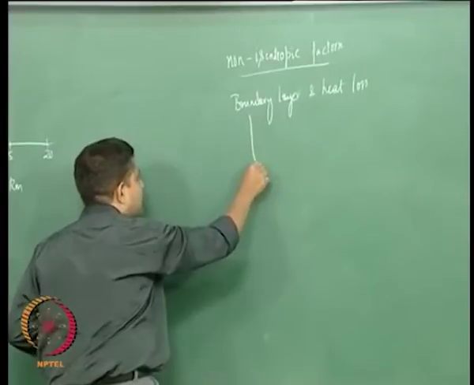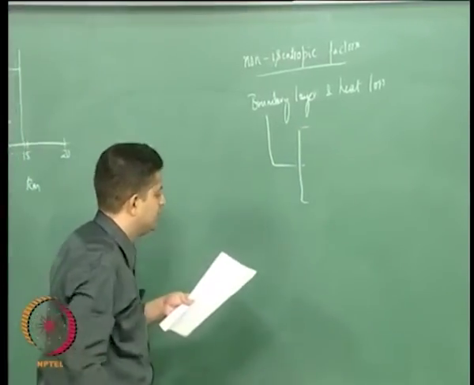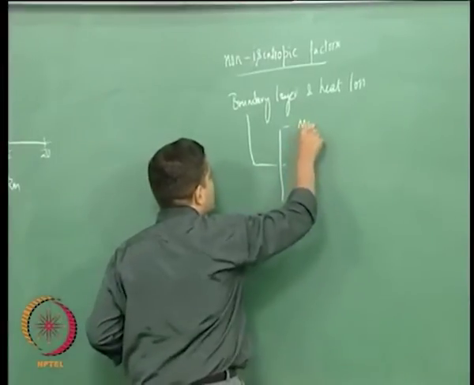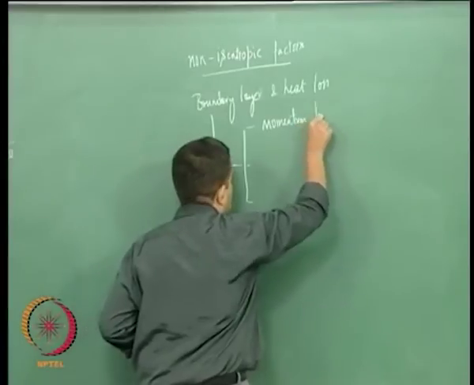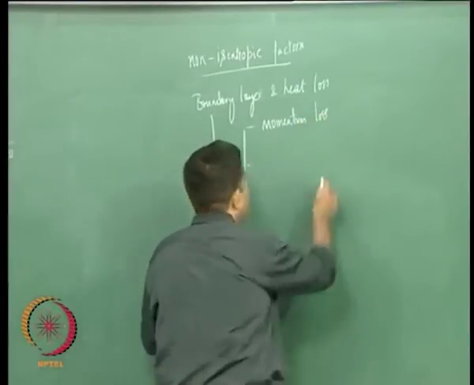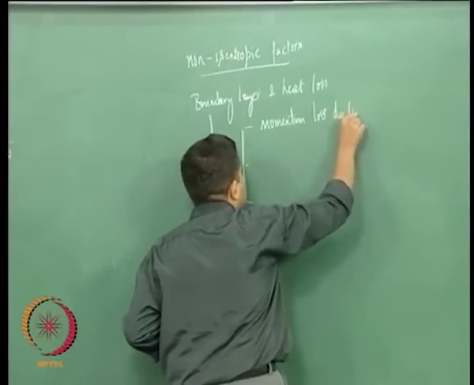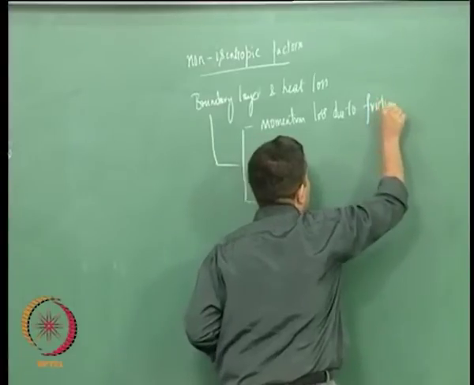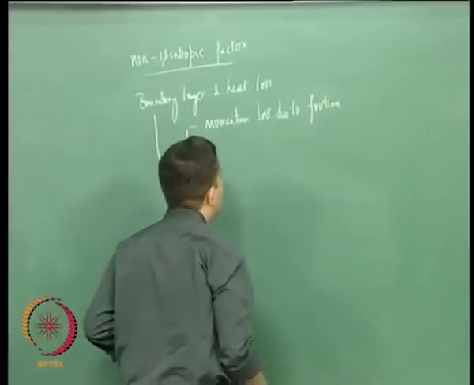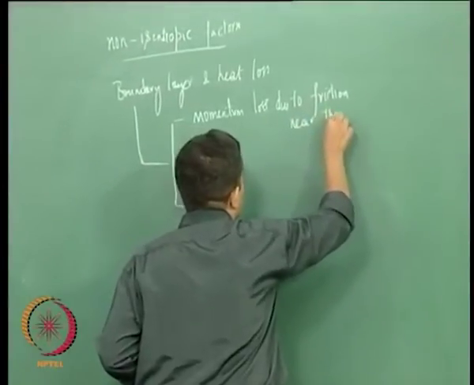so you will have typically some 3 components: momentum loss due to friction near the wall.